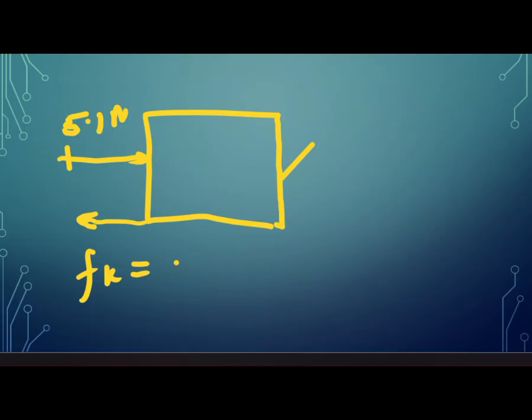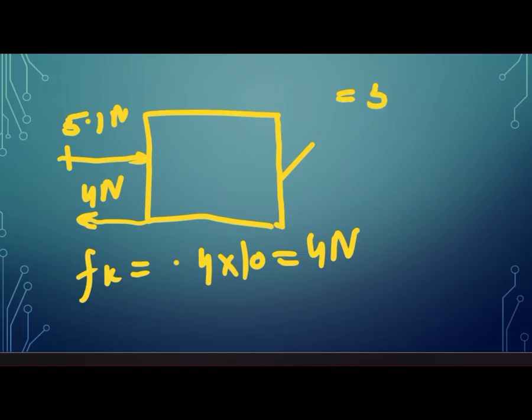So the total kinetic friction available to you is equal to 4 Newtons. Therefore the net force on the body is 5.1 minus 4 Newtons, which is equal to 1.1 Newtons.